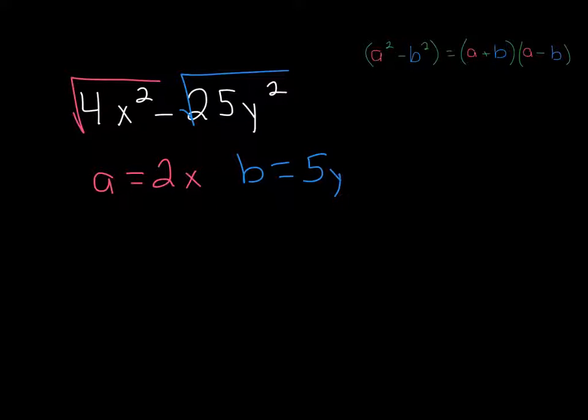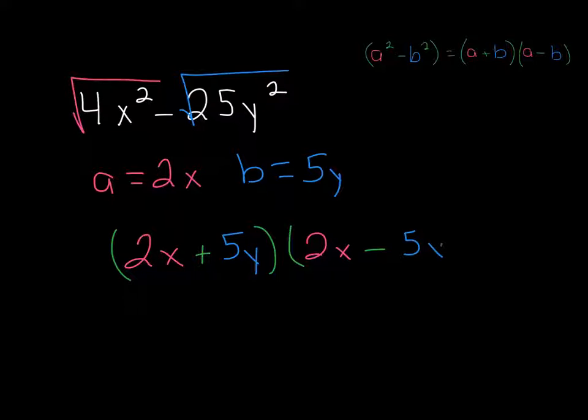Again, remember there has to be a subtraction sign in the middle in order for it to be a difference of squares. So now we plug in A and B. So 2x plus 5y and 2x minus 5y.